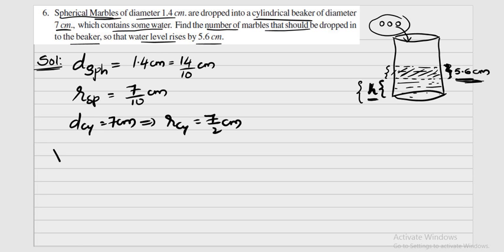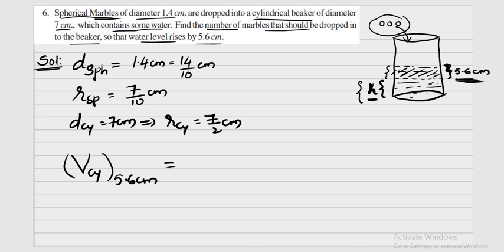So from this what I can say, volume of cylinder with height h plus volume of cylinder, or simply what we can say here, no need of getting confused. Volume of cylinder with height 5.6 centimeters.